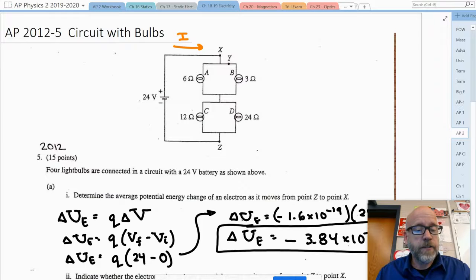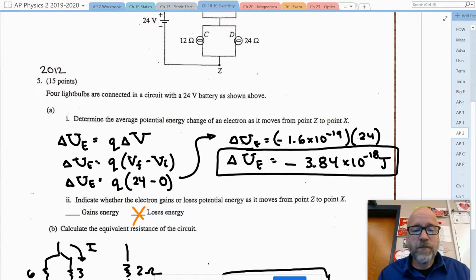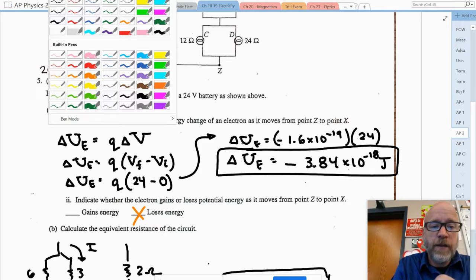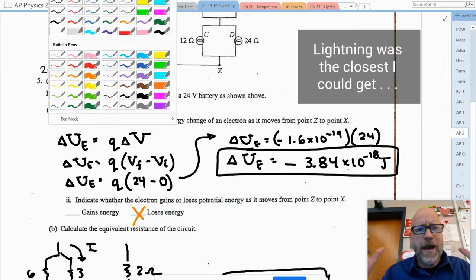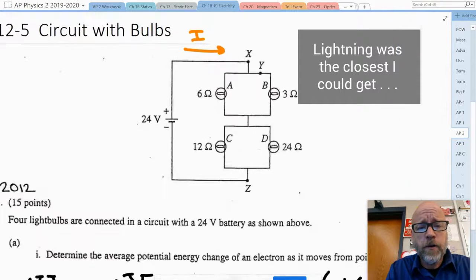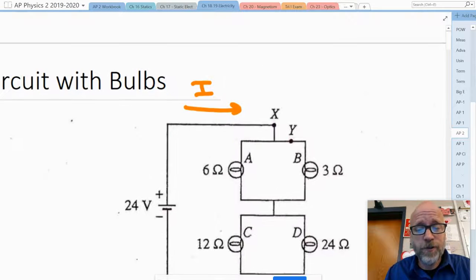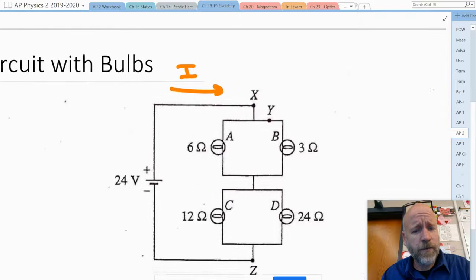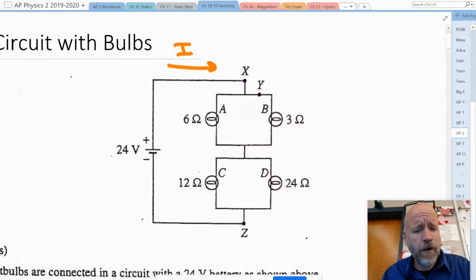Now, it says, determine the average potential energy change of an electron as it moves from point Z to point X. I wish I had a record scratch sound effect because we all know that current is the flow of positive charge. That's the convention in electricity. That's what we always use. Yet here, it's actually asking you to find the electron.